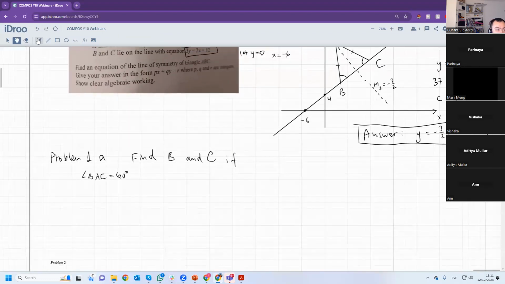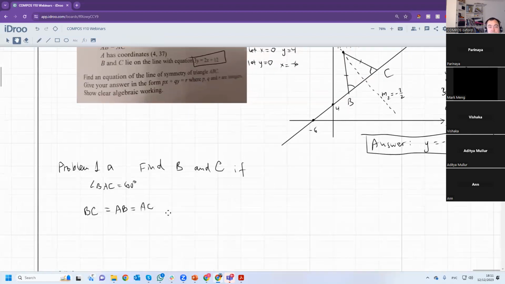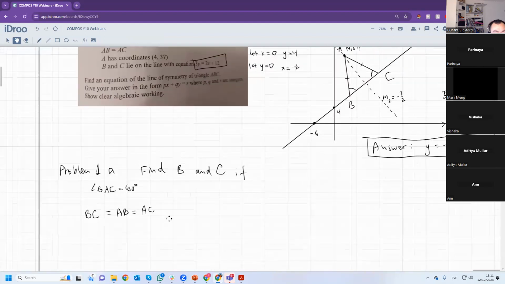That means that BC is equal to AB and equal to AC.